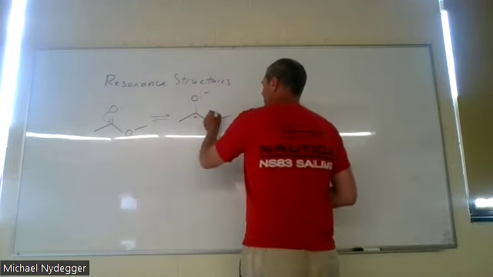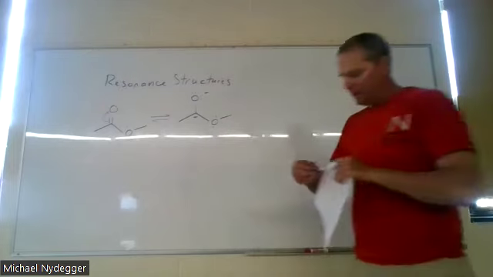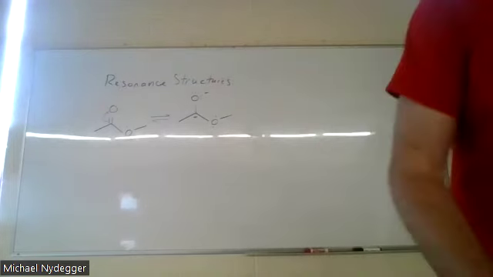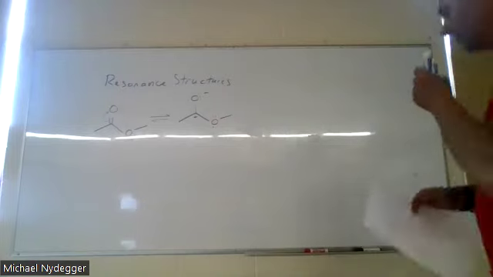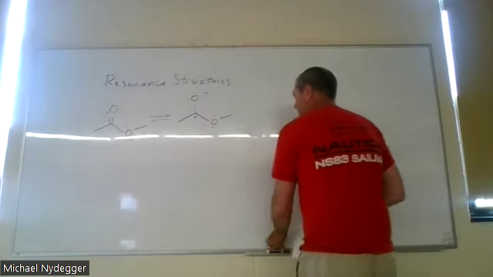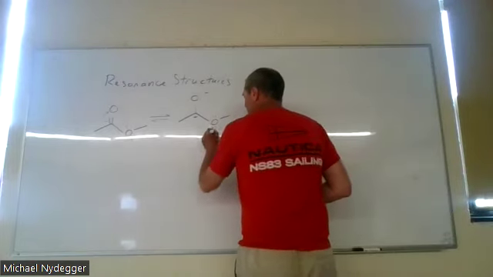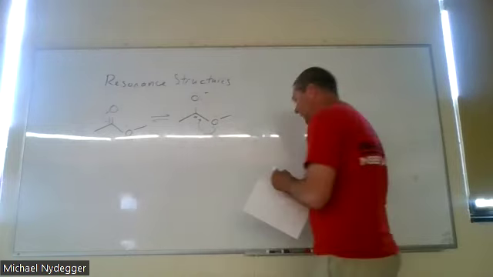Now over here, we've got the two pairs of electrons on the oxygen. A pair can come over here and form a double bond.